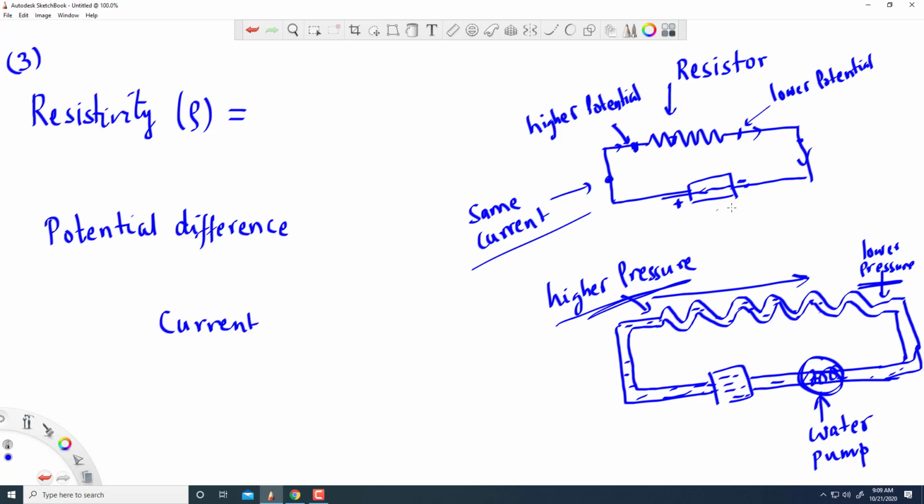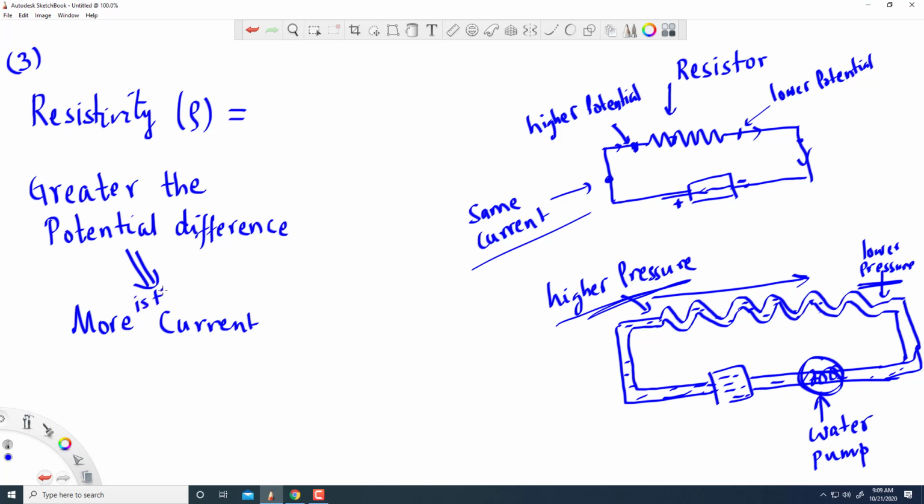In the same way, to get more and more current, you need more and more pressure difference, or I should say potential difference. In other words, the greater the potential difference, the more is the current.